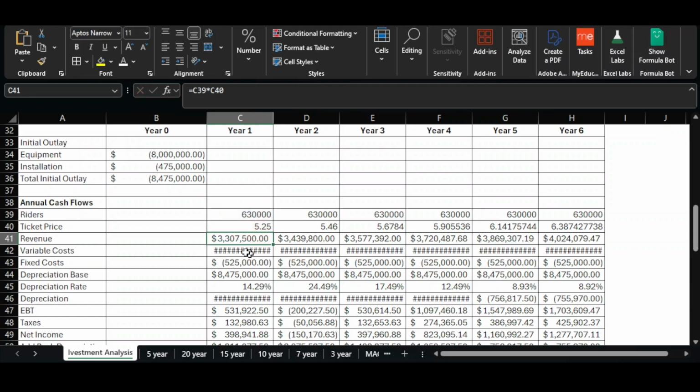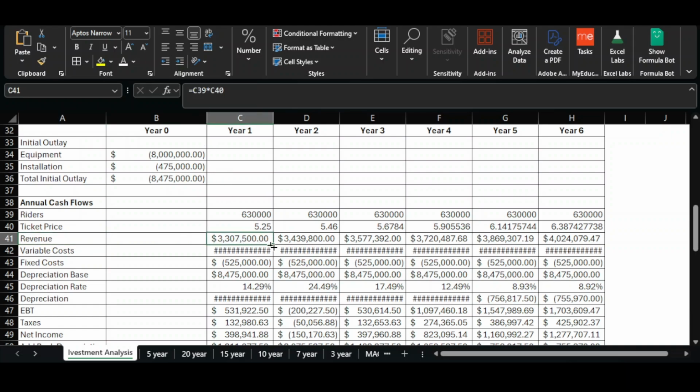So it makes sense that you multiply the price of the ticket with this amount of riders for year one. And of course, the result is 3.3 million approximately. And that's how this line item is measured.